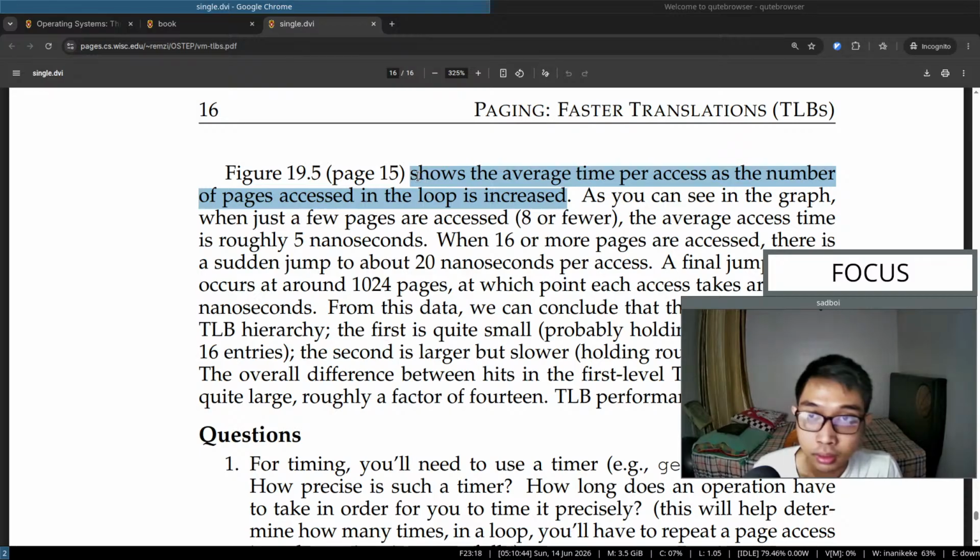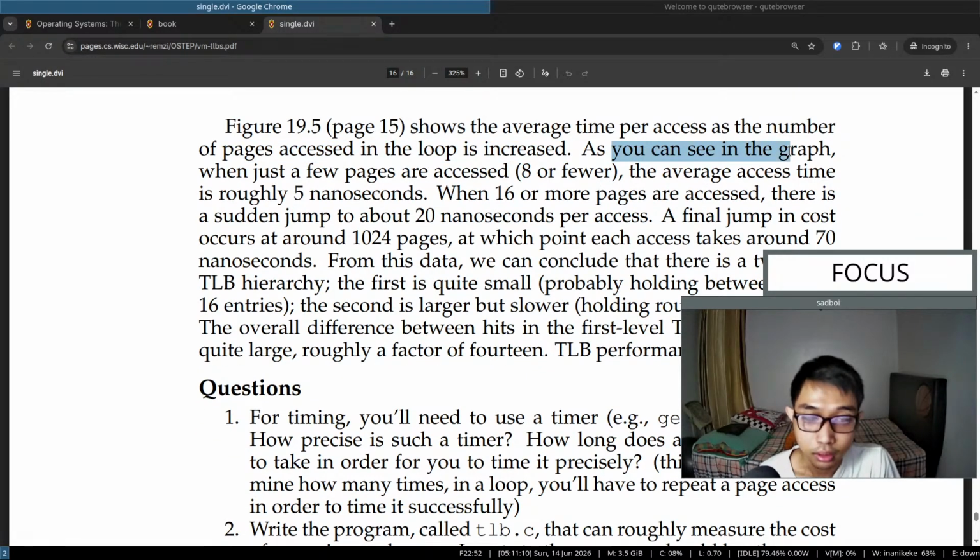Figure 19.5 shows the average time per access as the number of pages accessed in the loop is increased.